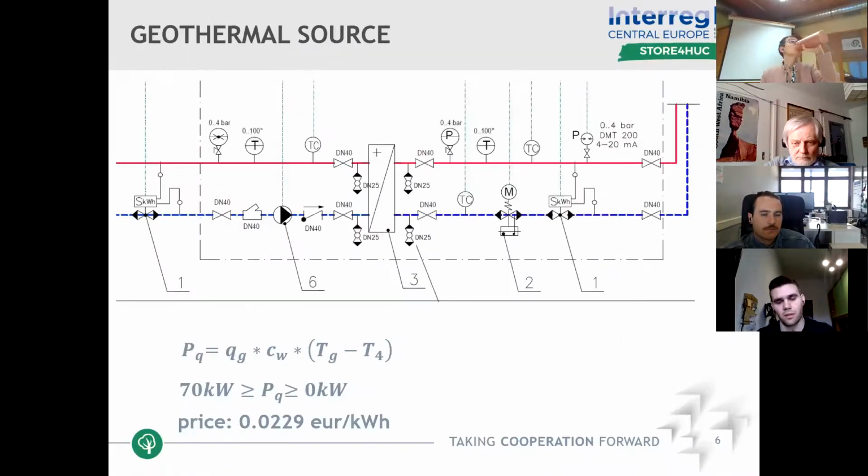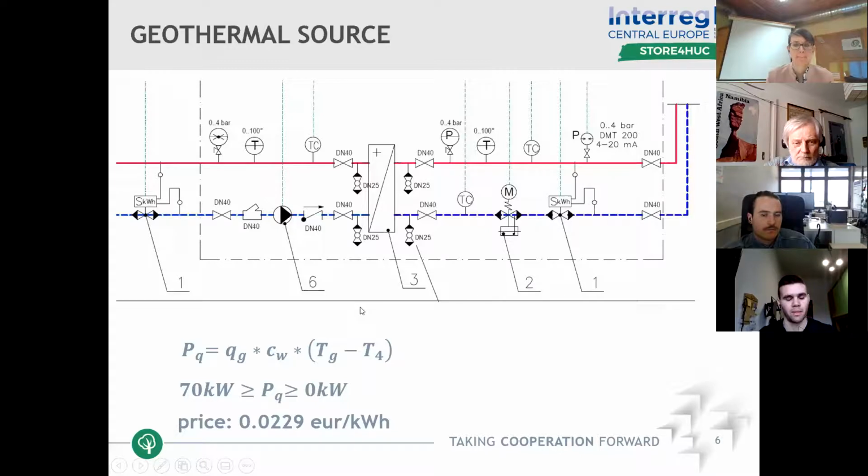So there are two energy sources. One of them is a geothermal source. In the geothermal source, we calculate the power that it provides to the heat tank.